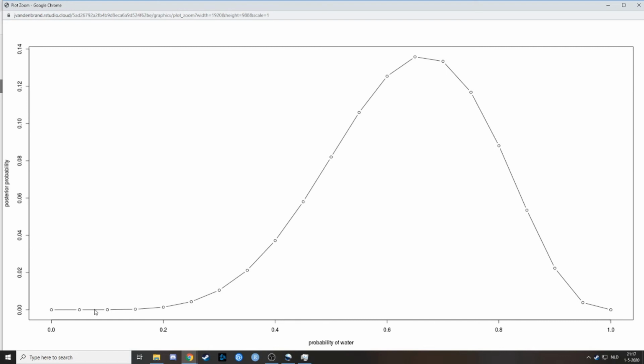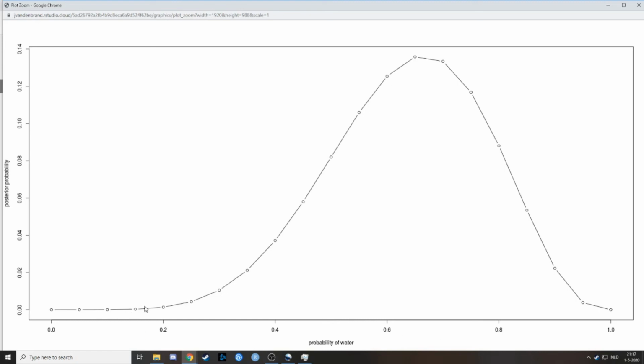But having seen the data and having seen at least one observation of water, we know that 0% water is out of the question. We've also seen at least one observation of land, so 100% water is out of the question.